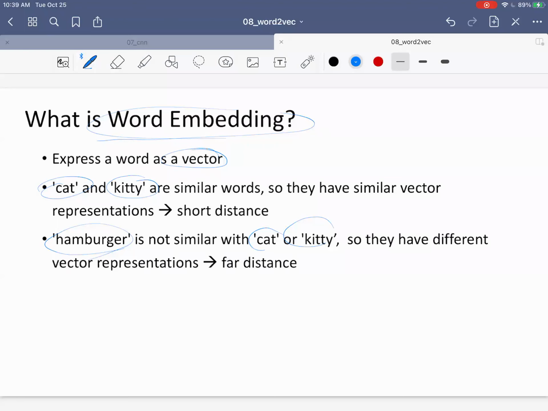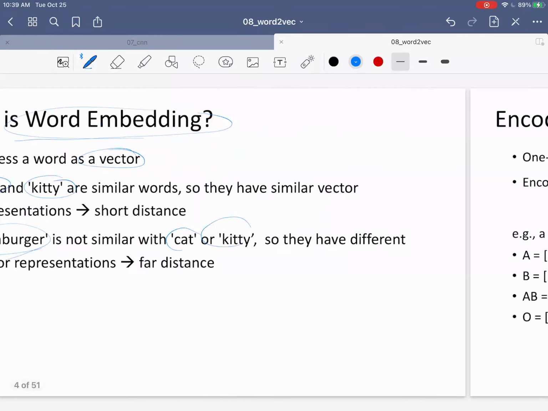Semantically, cat and kitty are pretty close, and hamburger and cat should be far apart from each other. So we want that to be reflected in the word representations. A cat vector and a kitty vector should be close to each other, but a cat vector and a hamburger vector should be far away from each other.